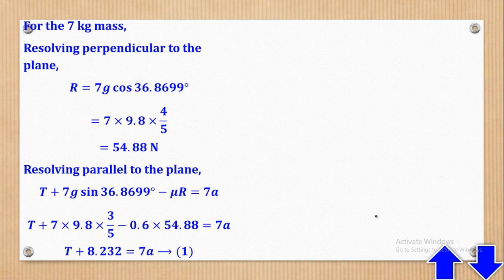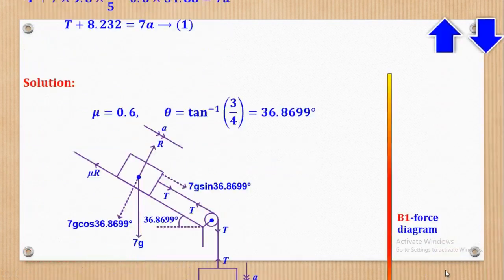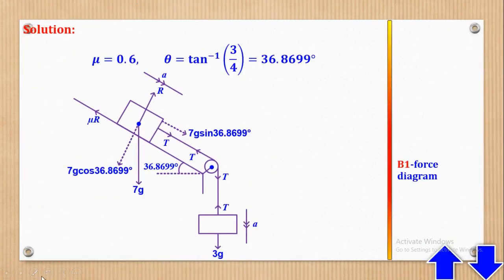The second equation will be got from the 3 kilogram mass. So we shall go back to our diagram and say that for the 3 kilogram mass, we are interested in these forces. The motion is downwards, meaning that the resultant force will be 3g minus T equal to 3a.